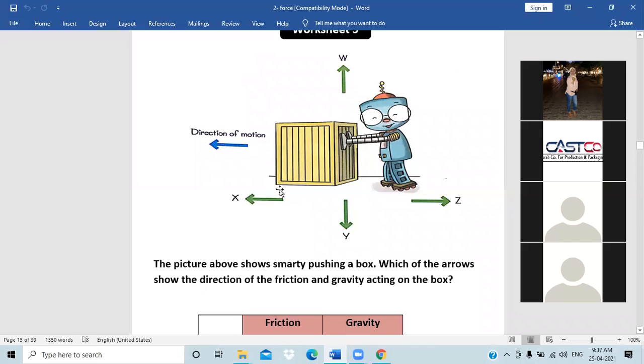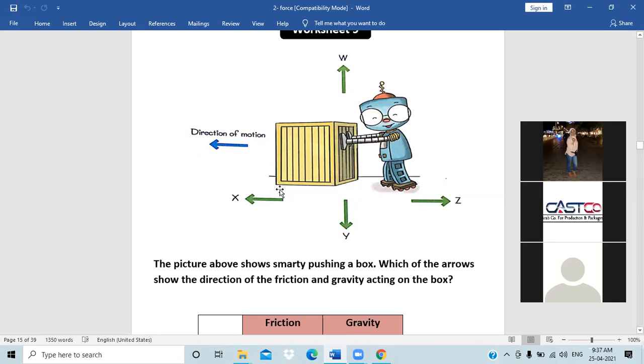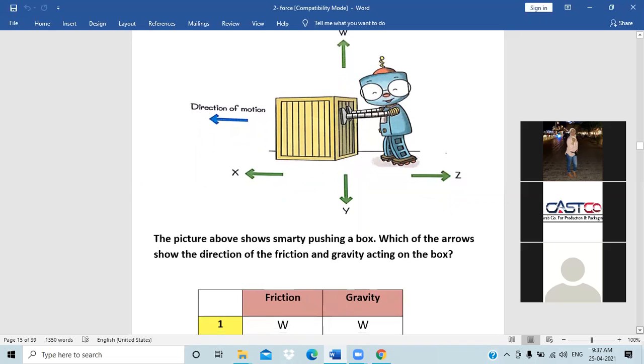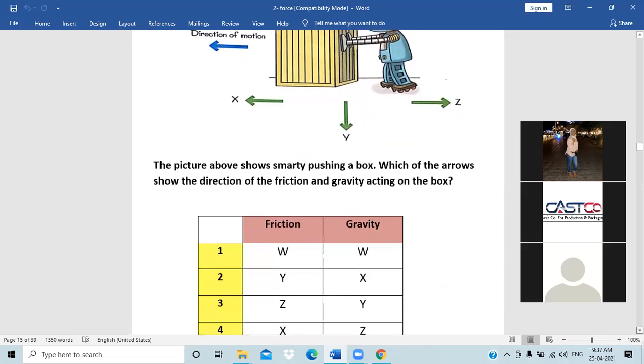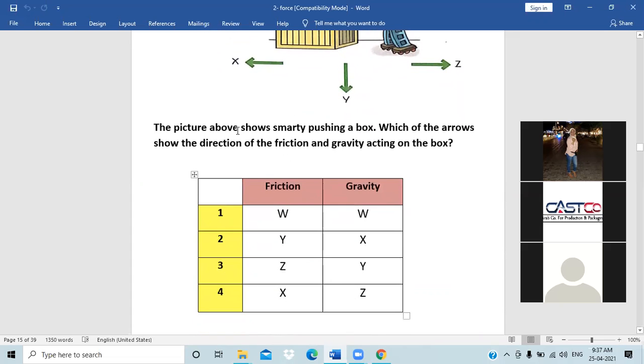So the picture above shows Smarty pushing a box. Which of the arrows show the direction of the friction and gravity acting on the box? So we are looking only for two types of forces, the friction and the gravity. It's a multiple choice question, guys. In this table, they want you to choose one of the four choices.